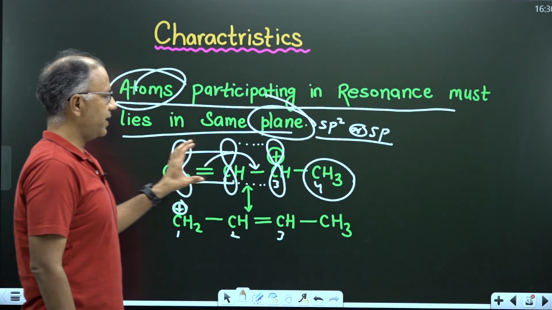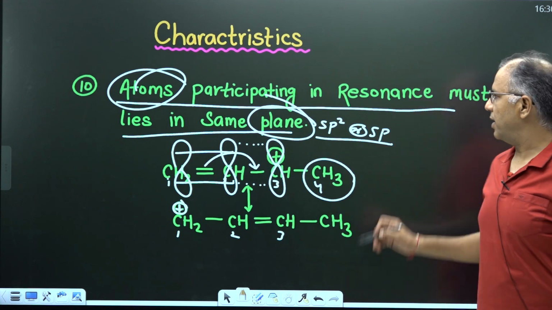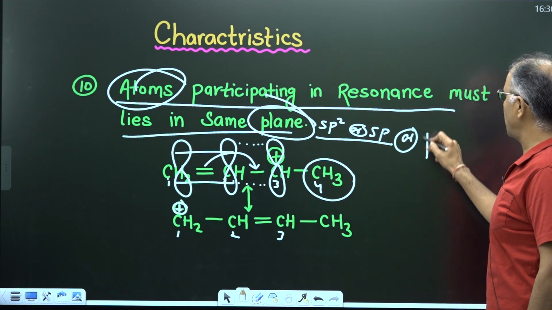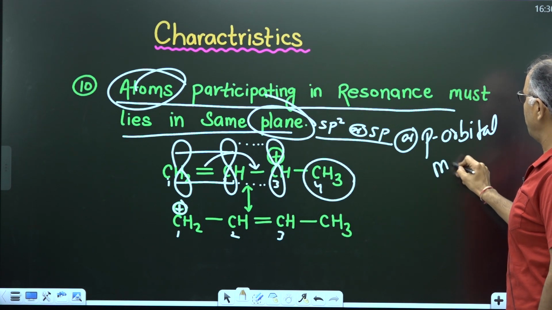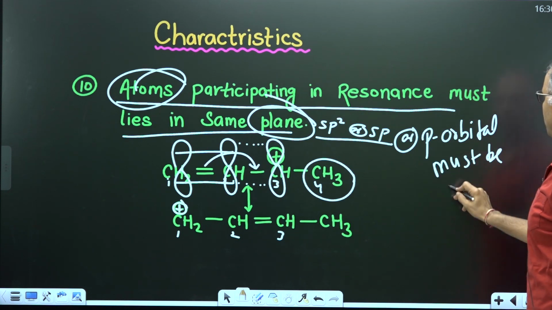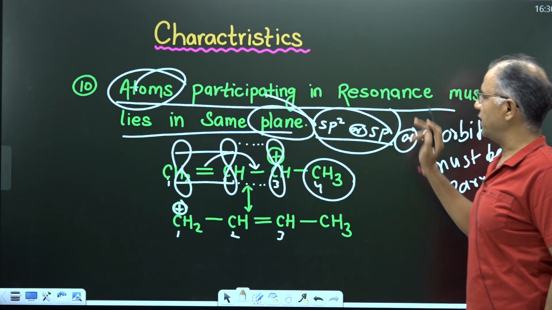The atoms participating in resonance must lie in the same plane, or the p orbitals must be parallel. Both statements are the same. And what is the meaning of planar? Planar means sp2 or sp hybridized.